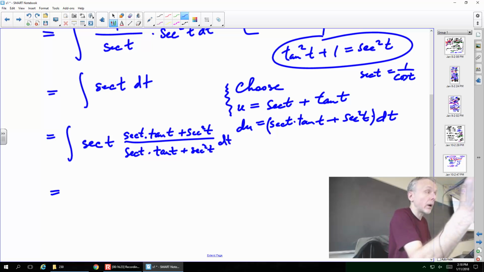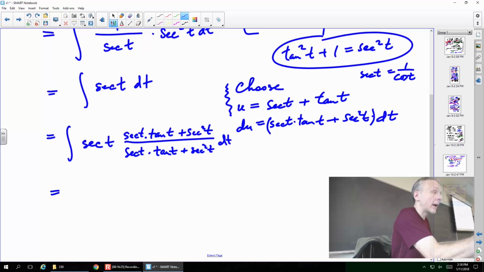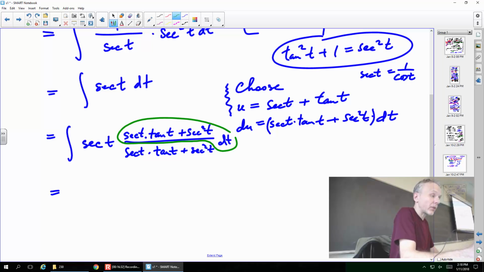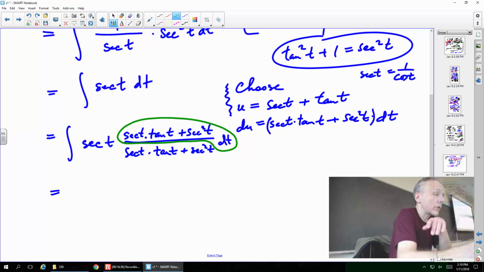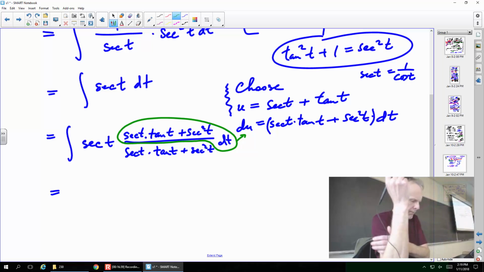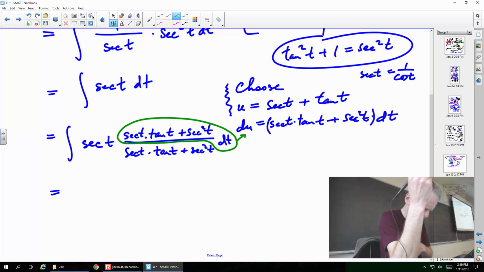I can now see that I have my du already here, by design. Once we know what the substitution is, we know what to look for. So this is du.